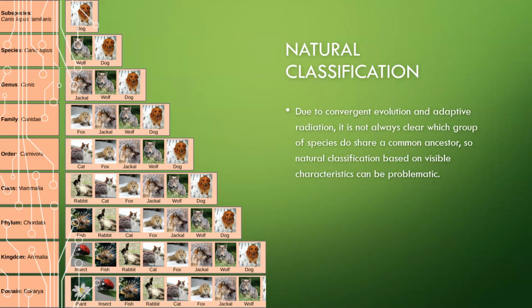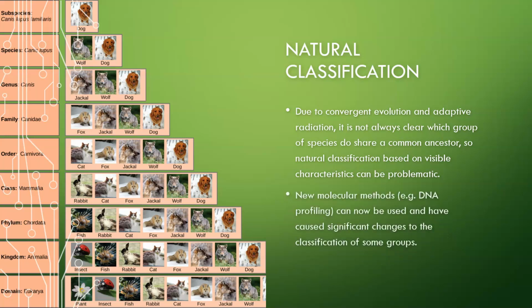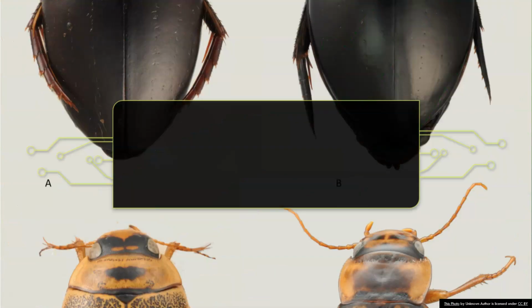But if we're looking just at those physical attributes, it can be problematic because they're not the same species. New molecular methods, such as DNA profiling, can now be used and have caused significant changes to classification, because in the past it has been done very much on looks. Now we can look at DNA profiling and say, hang on, no, those two organisms are not closely related.